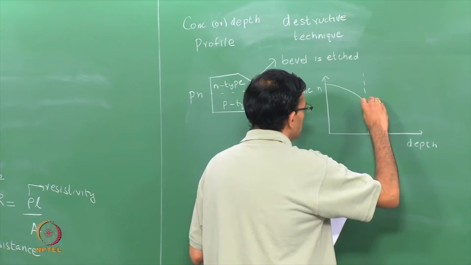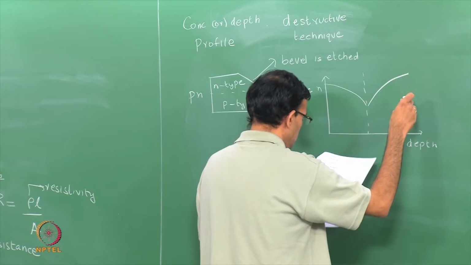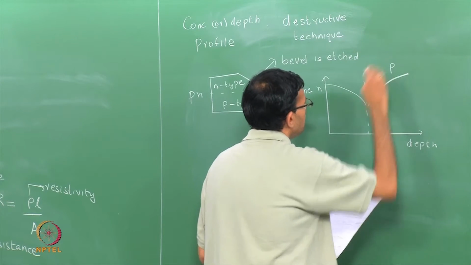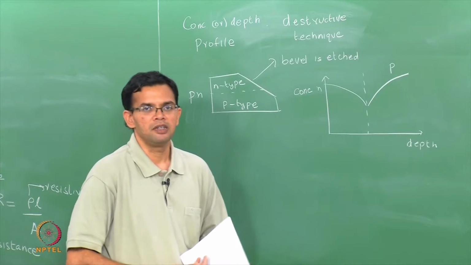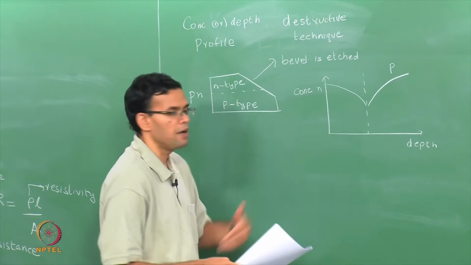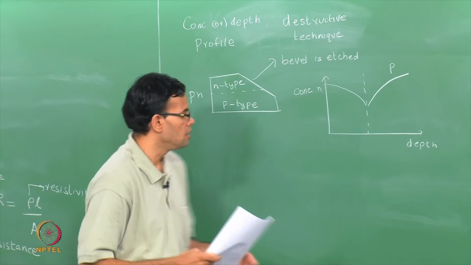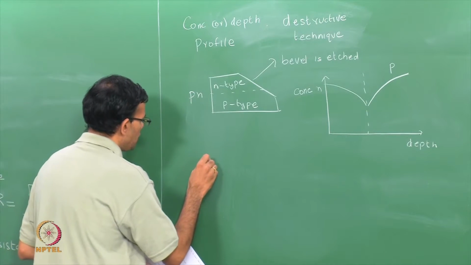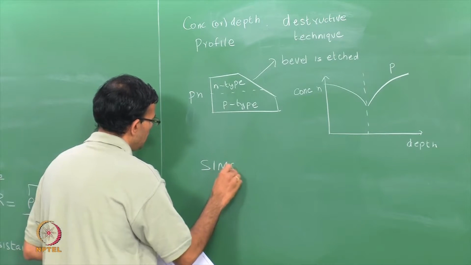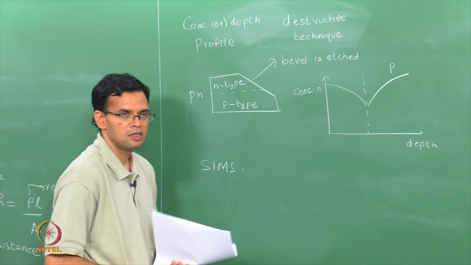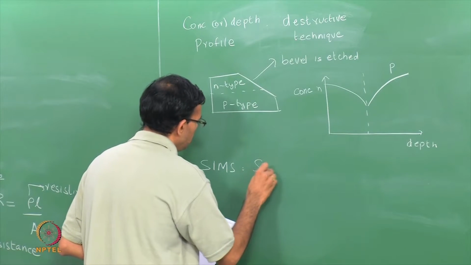Beyond the p-n junction, once again the concentration increases, because now you have your p-type material. So, by forming these bevels and again looking at resistance, we can use this in order to calculate the depth profile of doping.